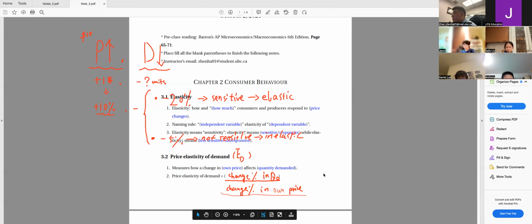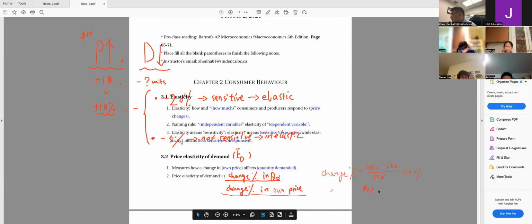Then we add one more formula here. Percentage change equals the new number minus the old number, divided by the old number, and strictly speaking, times 100%. My example: if the original price is $10 and the price increases by $1, the new price is $11.